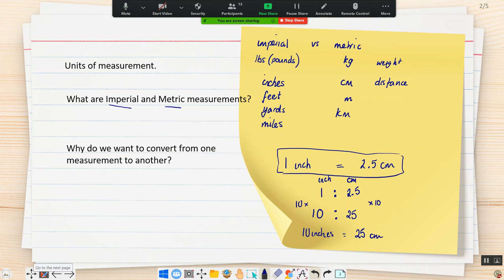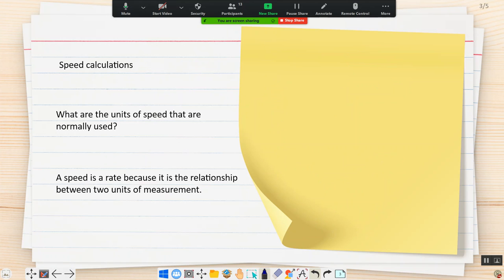Right, moving on then. Speed calculation. So we've already said that speed is a relationship between distance and time. Okay? So for instance, what are the units of speed that we normally use?